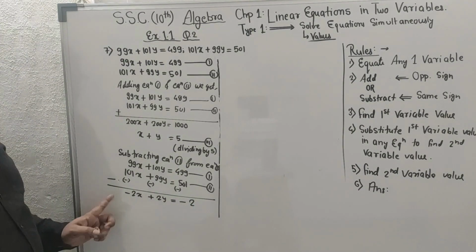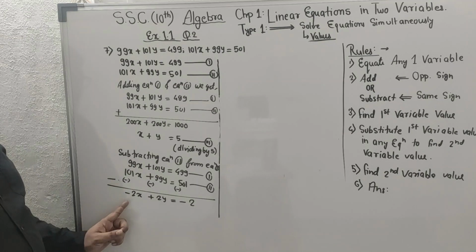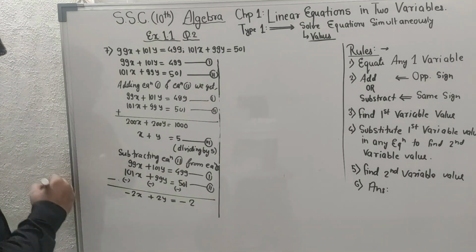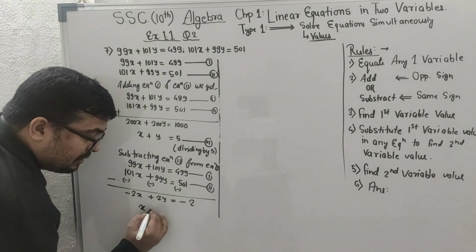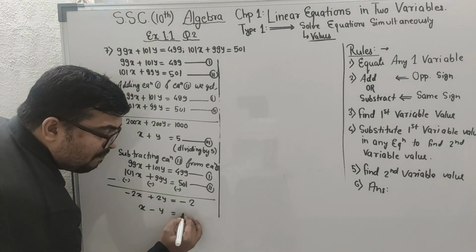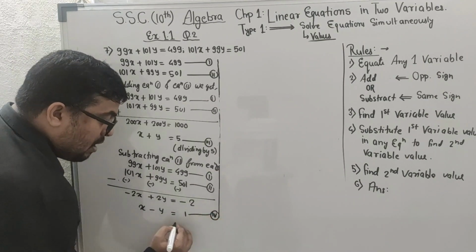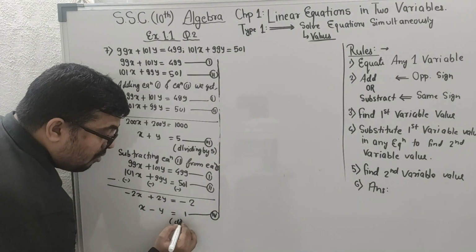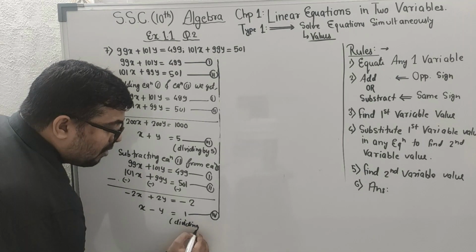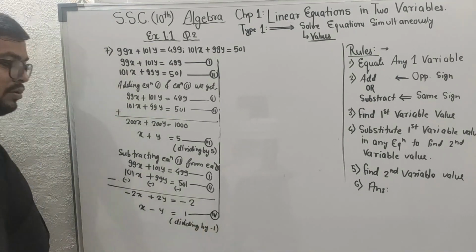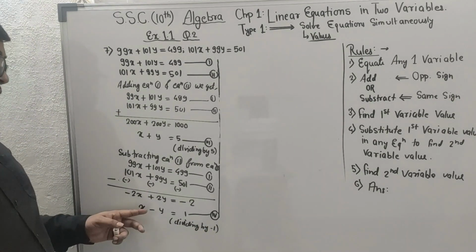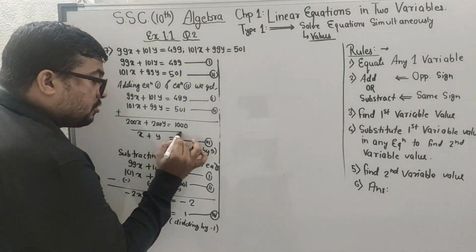Okay students, if you divide by minus 2, this will become x, this will become minus y, this will become 1. This is number 4. What do you write here? Dividing by minus 1. Okay students, now you got these two equations.